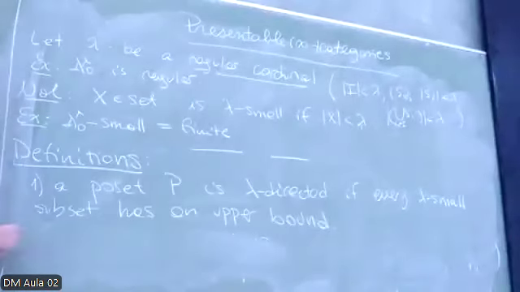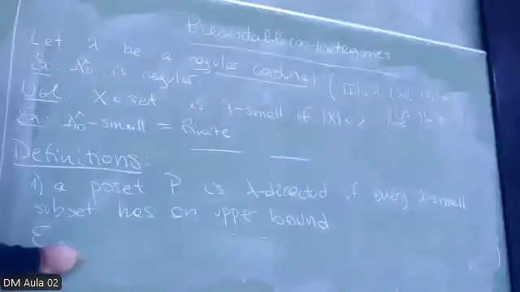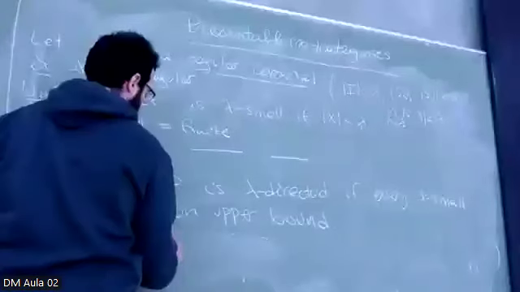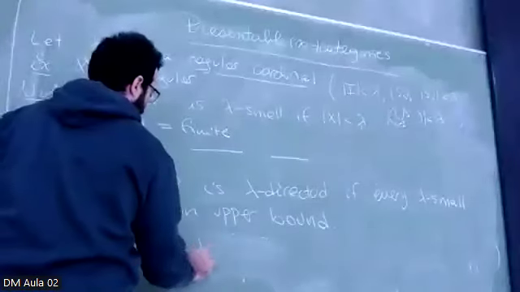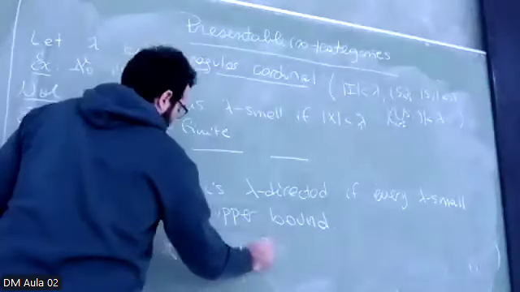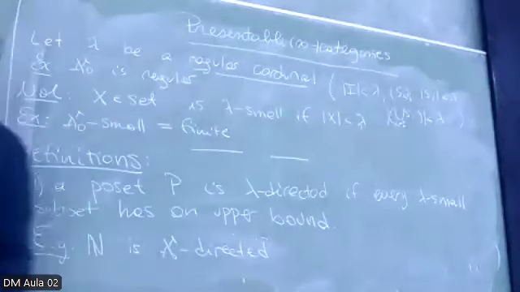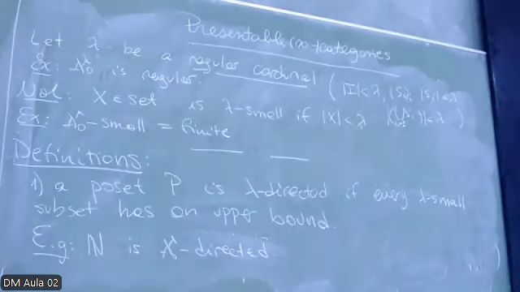Okay, e.g., the natural numbers with the usual order is aleph 0 directed. All right, if I take finitely many elements in N, then take the maximum, that's an upper bound.